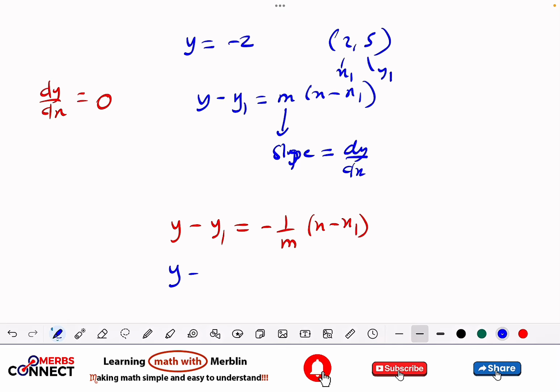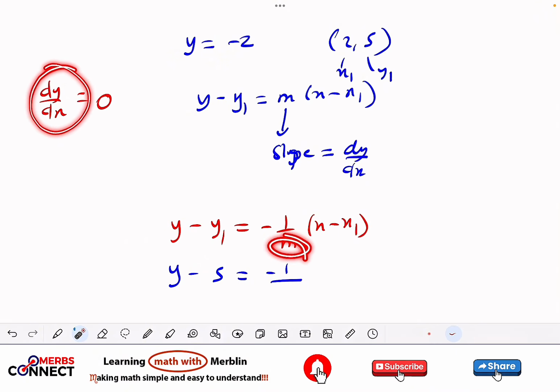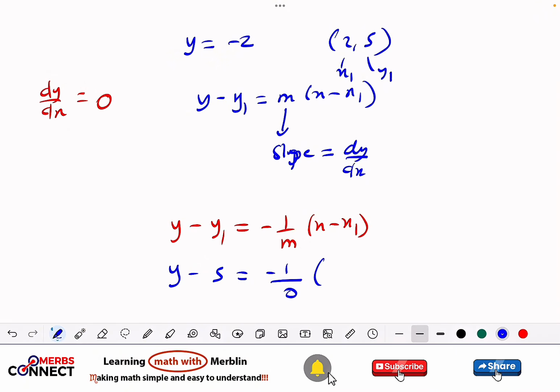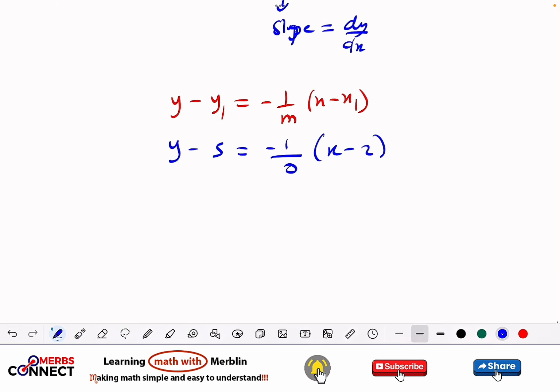So we are going to have y minus 5 is equal to minus 1 divided by the slope, which is dy over dx, equal to 0, times (x minus 2). Now this one will multiply this, and minus 1 will multiply that. I'm going to have 0 times (y minus 5) is equal to minus 1 times (x minus 2).